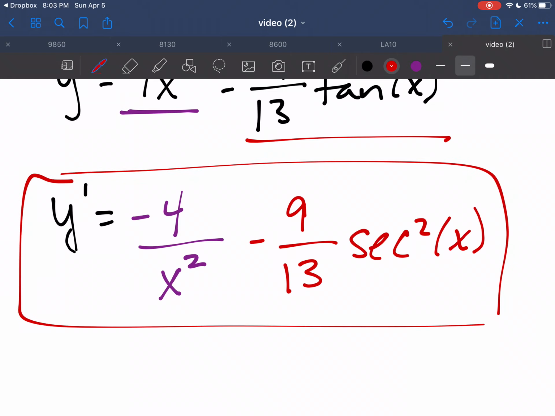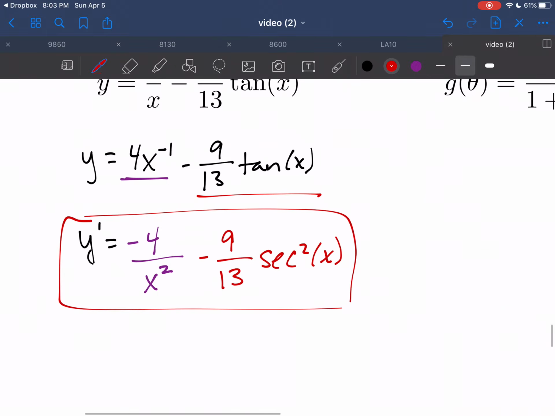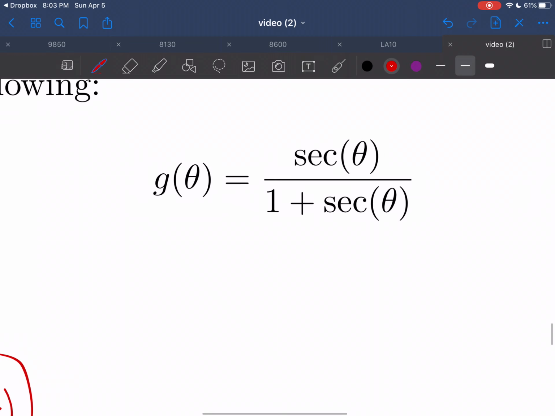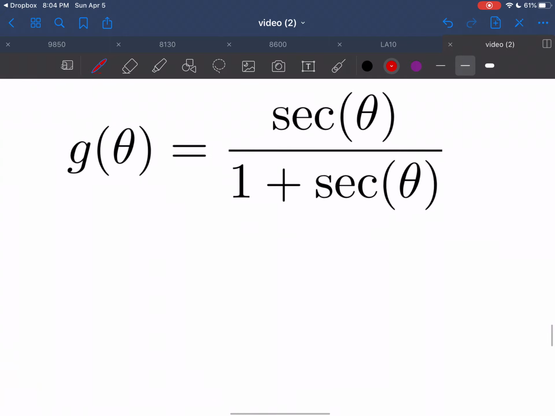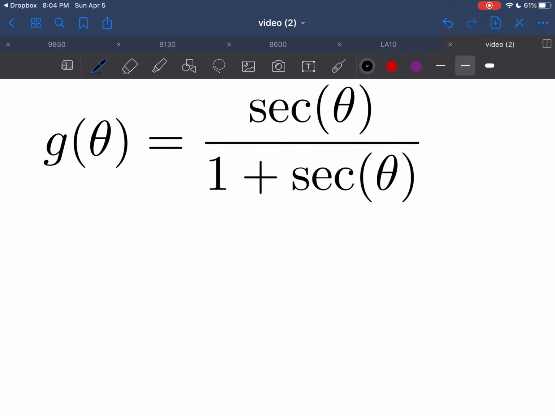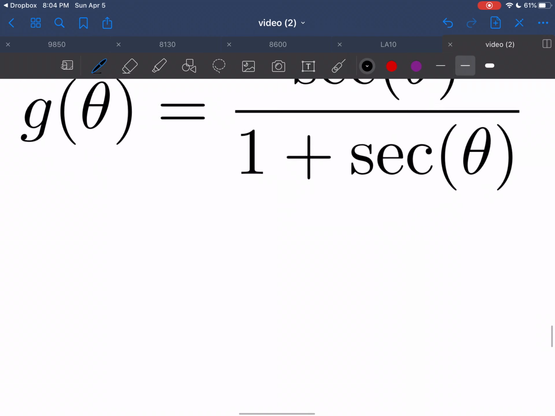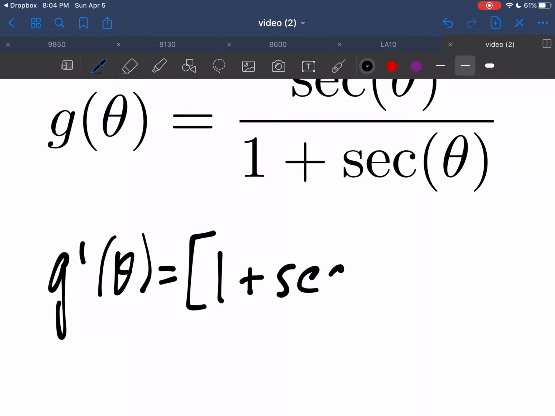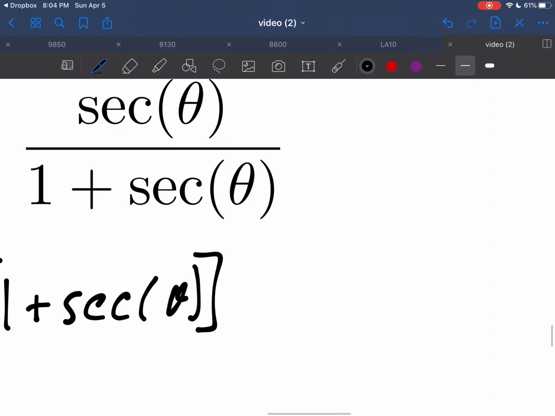A lot of times your derivatives will be a combination of rules like that. We can also do this secant theta over 1 plus secant theta. So we've got a quotient rule here. That's our first step. We're looking for g prime of theta, so we'll have the original denominator times the derivative of the numerator.